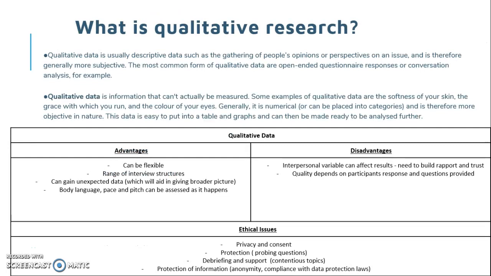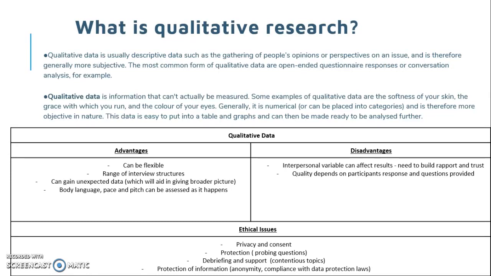So, what is qualitative research? So qualitative data, in comparison to quantitative data, is usually descriptive, rather than being numerical. And this can include opinions, perspectives, and is generally more subjective and opinion-based than quantitative data, which tends to be more objective or fact-based.